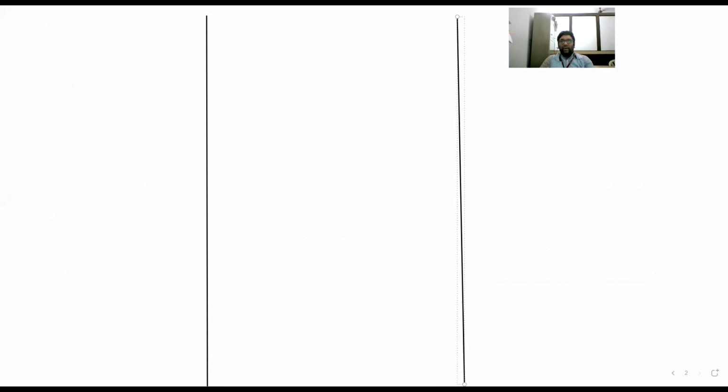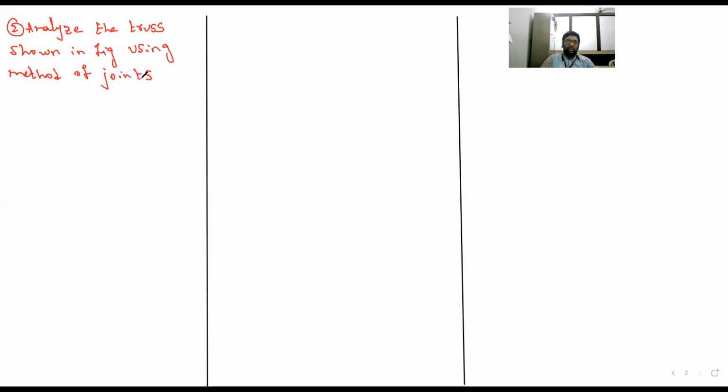Now, analyze the truss shown in the figure using method of joints. Okay, now we will go to that problem.